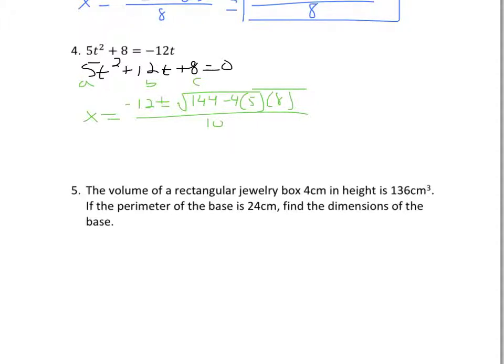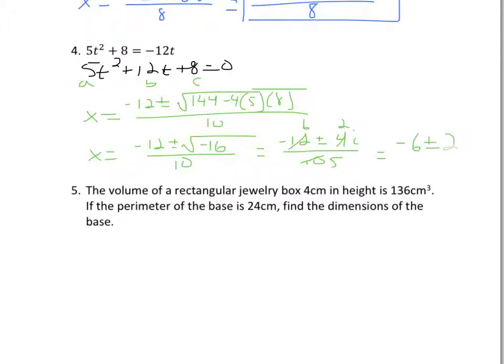Okay, so x is going to be equal to negative 12 plus or minus, let's simplify the radical, 144 minus 40 times 4 is 160, so negative 16 all over 10. Okay, so you can rewrite this as negative 12 plus or minus 4i over 10. And simplify what we've got, so divide by 2. So we have negative 6 plus or minus 2i over 5. Those are our two answers to solve that equation.